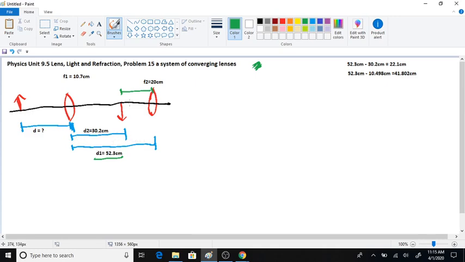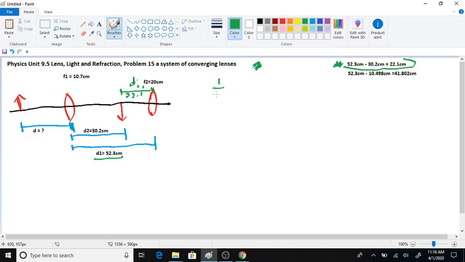The subtraction of those two will get us this initial DI. We can call it DI1 if you wish. I did that right here. There's a star right there. Ignore the other one for the time being. It's this one right here. This green one is 22.1 centimeters in there.